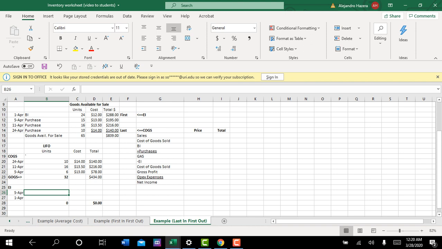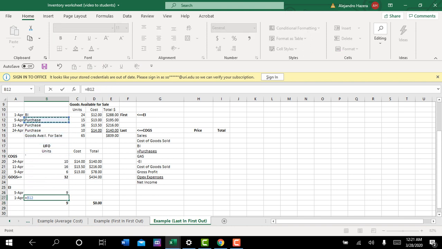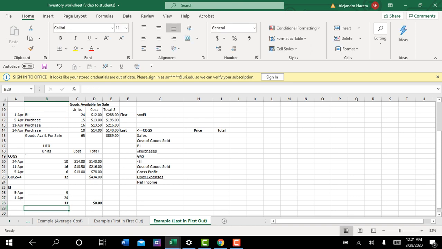So knowing that there's 15, there's 9 units left over. And then we know that the beginning inventory was 24. Okay, so this is your ending inventory. Your ending inventory consists of 33 units, and we've been saying all along, you sold 32 and did not sell 33 units.